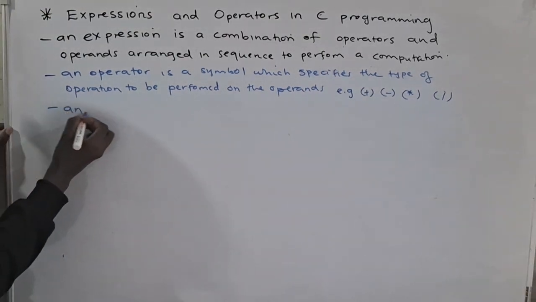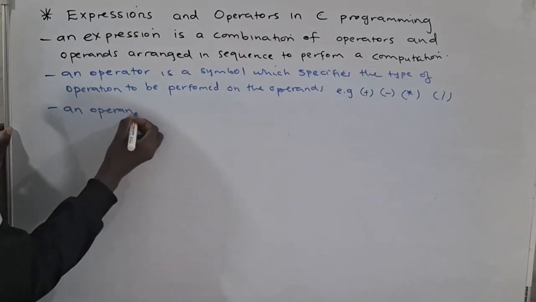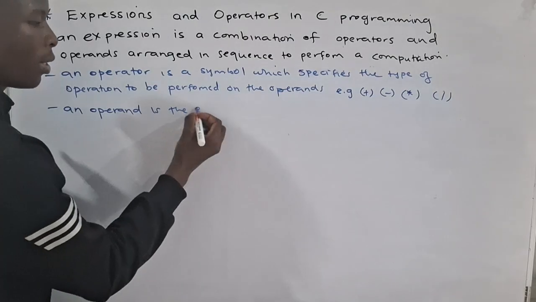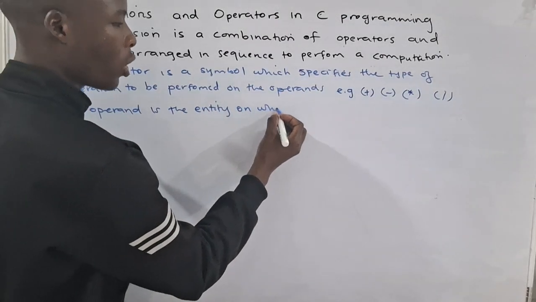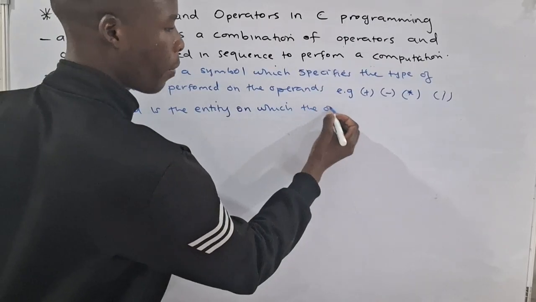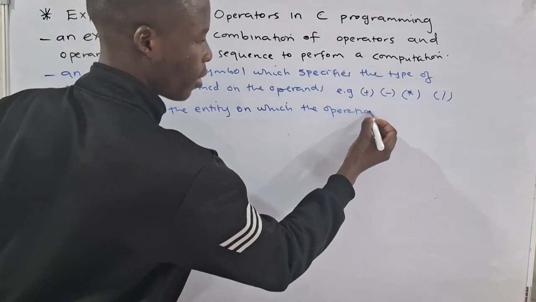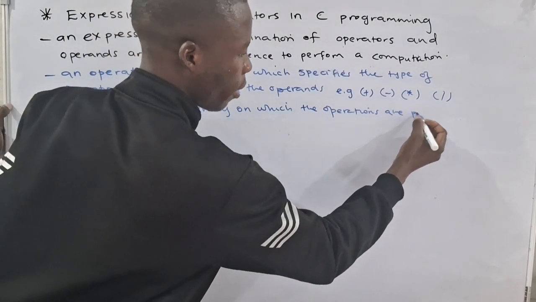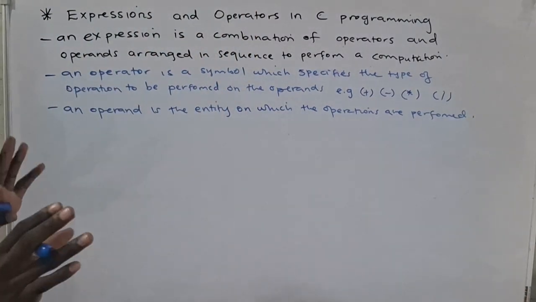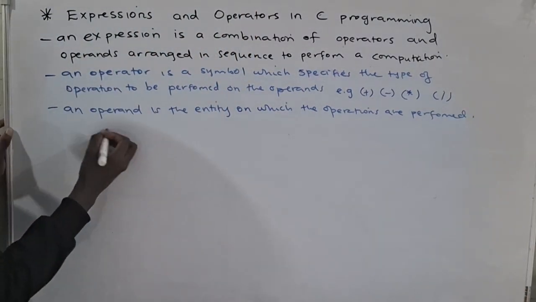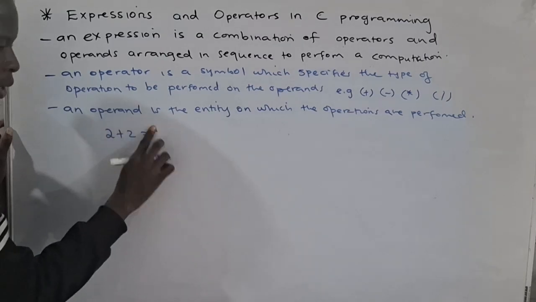What about an operand? An operand is the entity on which the operations are performed. For example, if I write something like 2 plus 2, what is the answer?